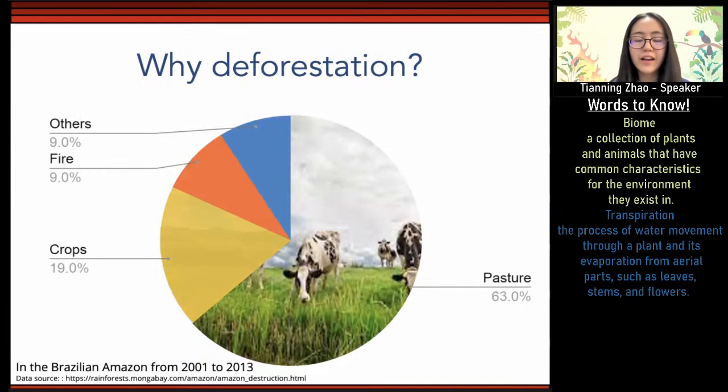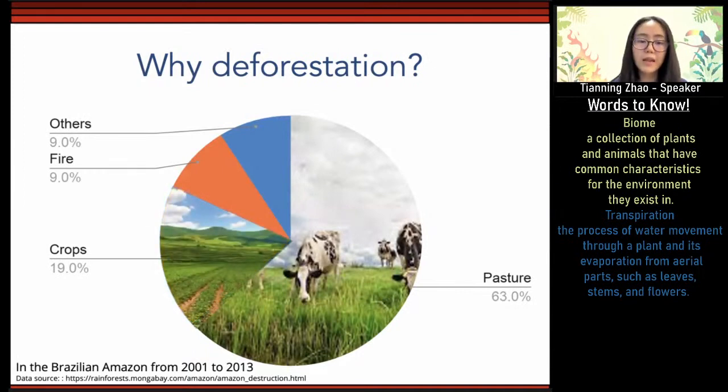Another agricultural purpose would be cropland. About 19% of the deforested areas were used as cropland, including small-scale agriculture, which is sustained by small families, as well as large-scale commercial farming, which is usually organized or maintained by companies.